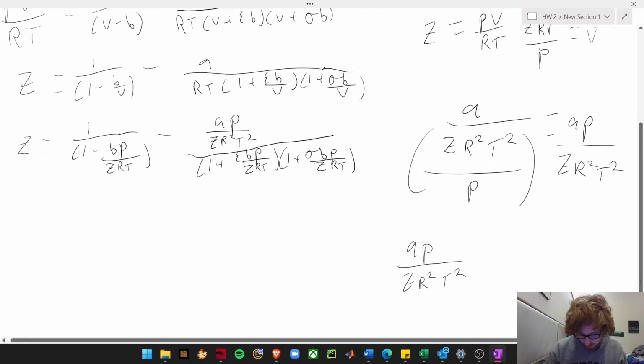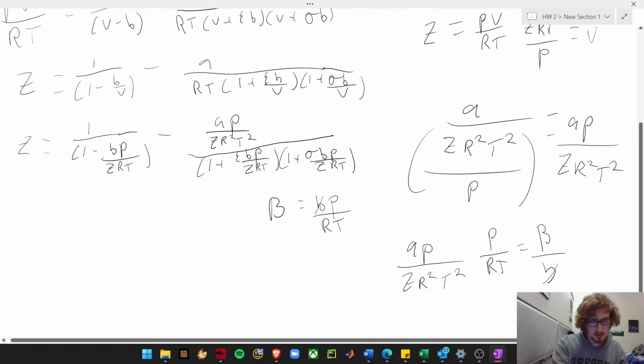We have beta equals BP over RT. So when we look at this, we see that we have our P, we have our R, and we have our T. We have to find a way to express this in terms of beta. So you'll notice that if we have P over RT, this is the same as beta over B, because you see we have this B, they would cancel out.